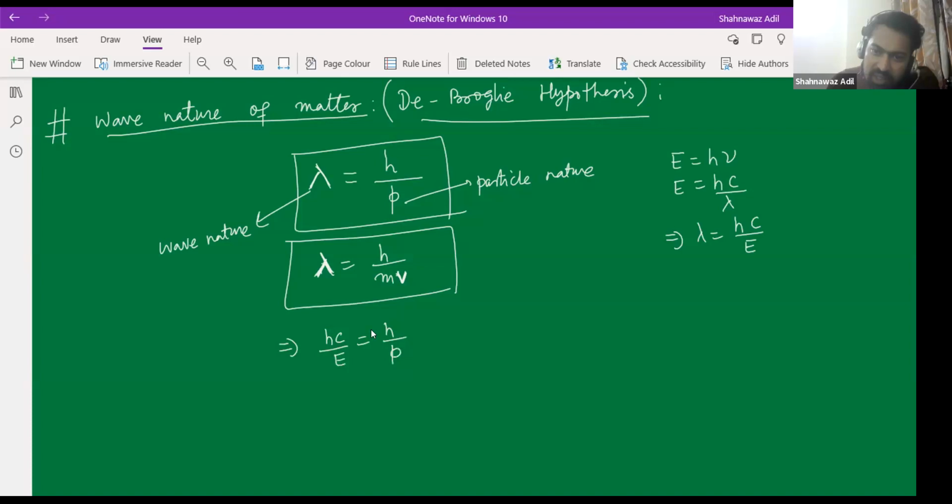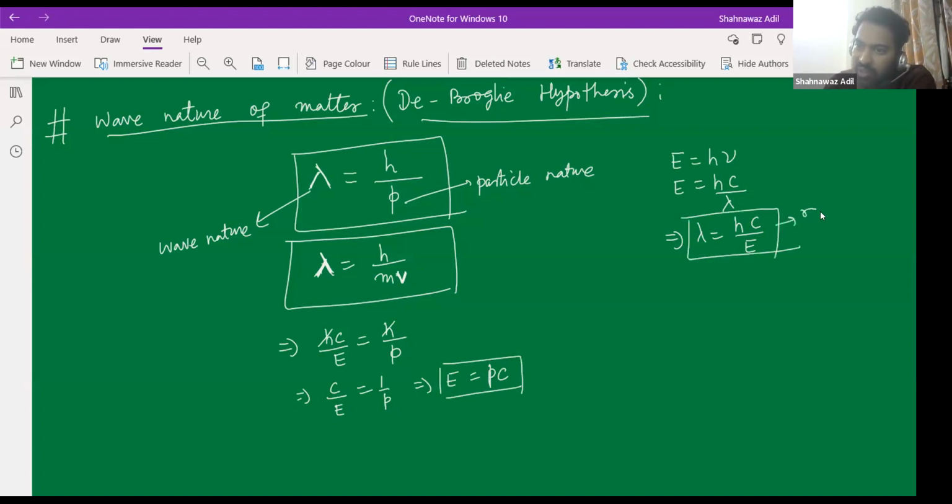So we can cancel this out, and c by E would be 1 by p. So energy would be how much? This would be pc, right? This is another thing. So this is for radiation, right? This is for radiation.